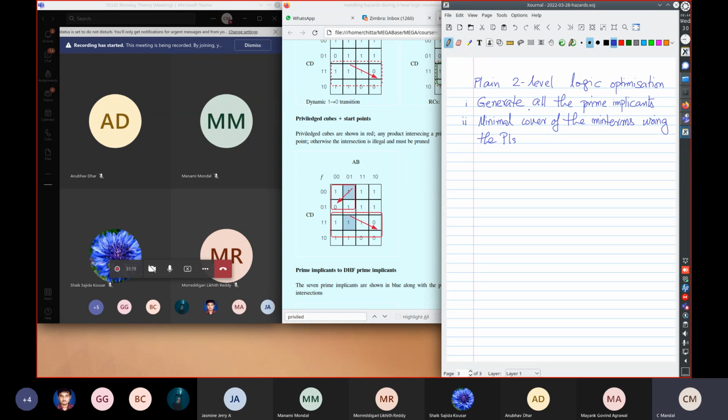So I think there is no problem regarding plain two-level logic optimization. I hope this part should be very clear to you, right?